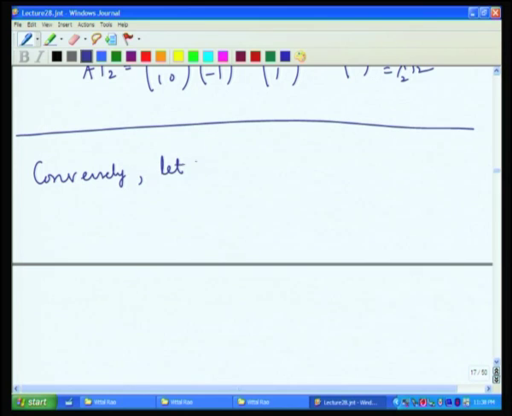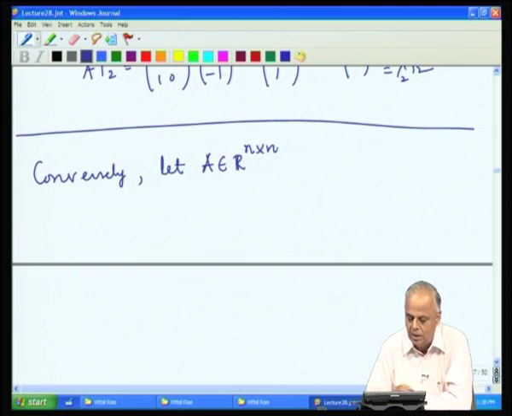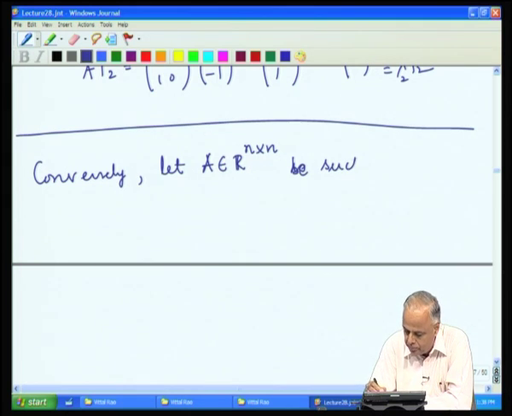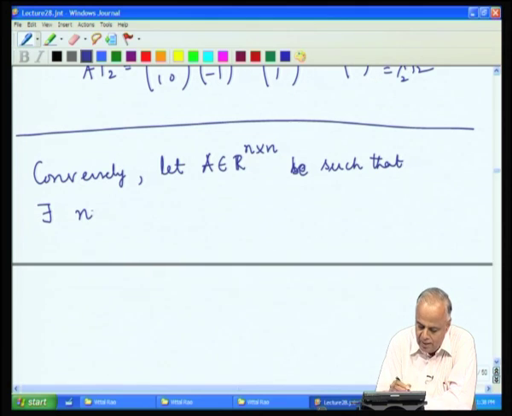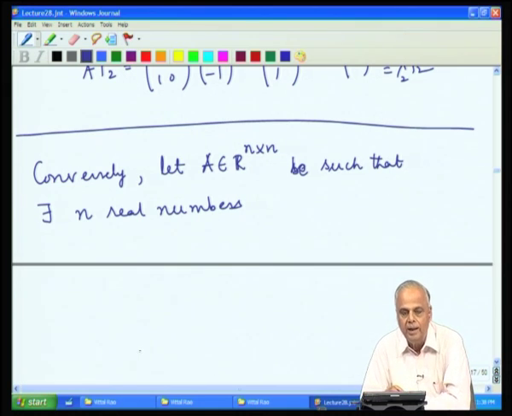Conversely, let A belong to the real n by n matrix class, such that there exist n real numbers. Previously we assumed diagonalizability and proved the existence of these numbers.